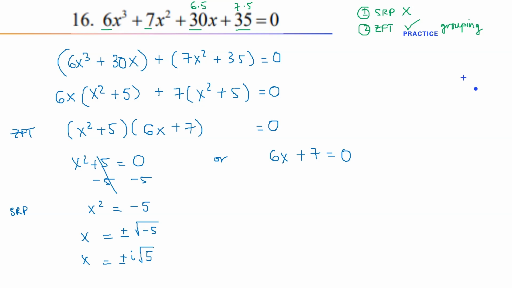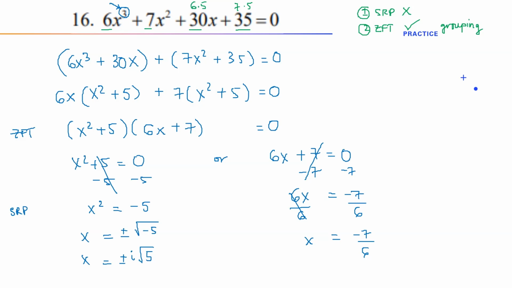Got it? On the other side, we have 6x plus 7 equals 0. Subtract 7 from both sides. So isolate 6x on the left-hand side. On the right-hand side, 0 minus 7 is negative 7. Divide both sides by 6. You have x equal negative 7 over 6. So in this case, because the degree is 3, cubed, right?